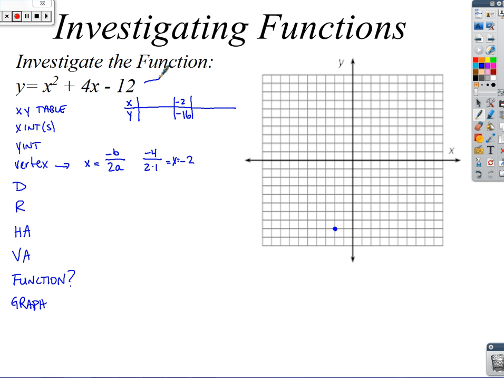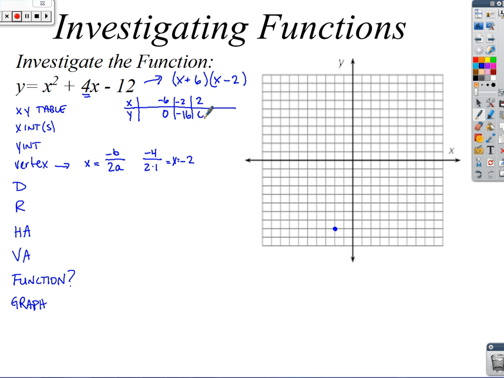All right, now, I could also find my x-intercepts by doing a little bit of algebra. I would want to see if this is factorable, and if it is, then that will tell me my x-intercepts. So x and x, 2 numbers to multiply to give me negative 12, so that when I add, I get 4, and that's going to be a positive 6 and a negative 2. Therefore, my x-intercepts end up being negative 6 and positive 2. Now, if I substitute those, I should be getting 0.